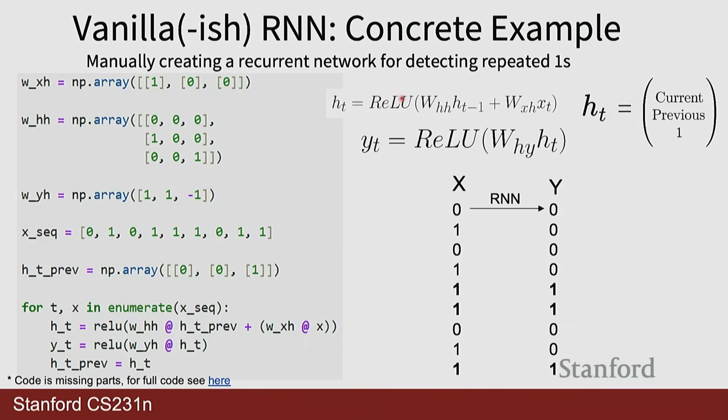Cool. So we have ReLU. We have two specific weights here. We have the first weight, which converts our previous hidden state. It applies a transformation to the previous hidden state to calculate the next one. And then we have this weight here, which converts our input x to the dimension of our hidden state, as well as applies a transformation.